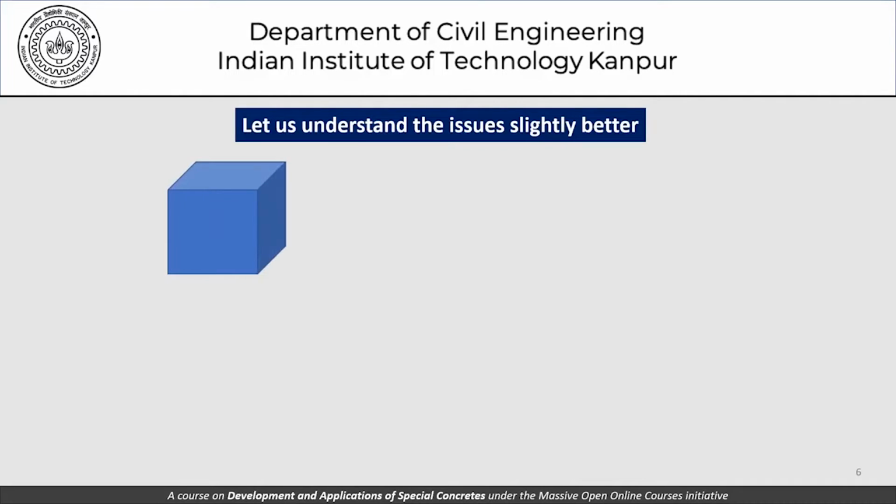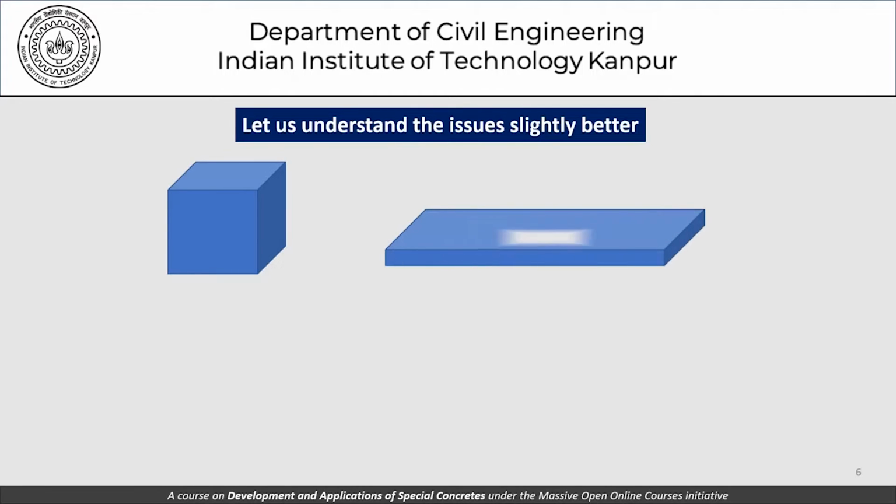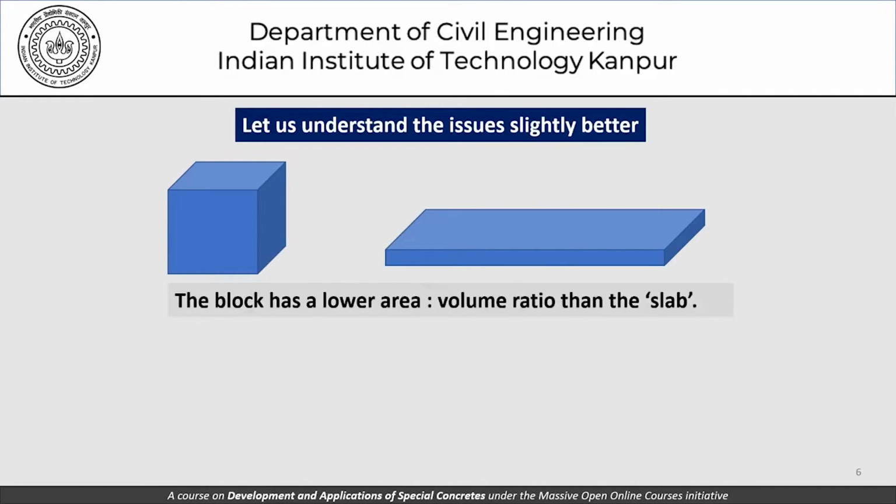Let's talk of this block. It's a cubical block. If that is cast, compared to that, if the same volume is cast as a slab, what is the difference between these two? The block has a lower area to volume ratio than the slab.